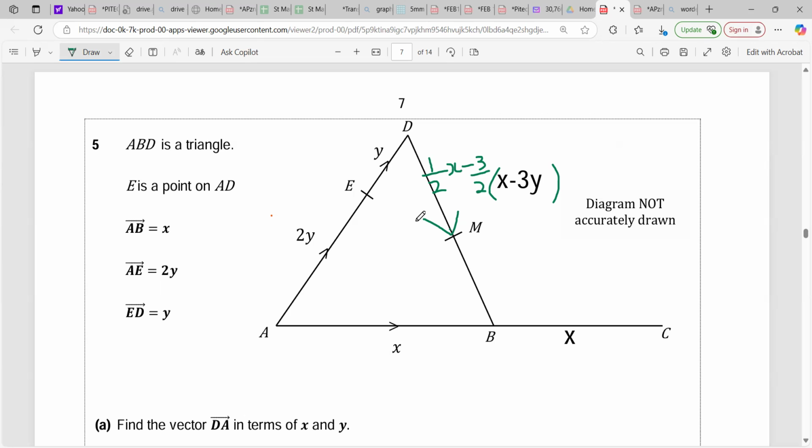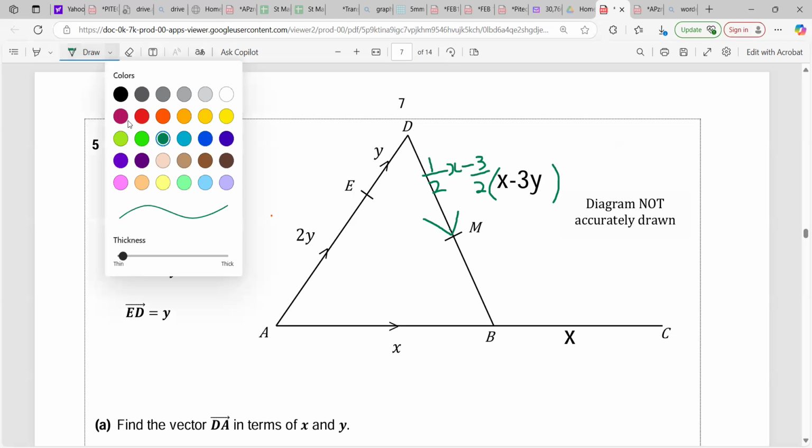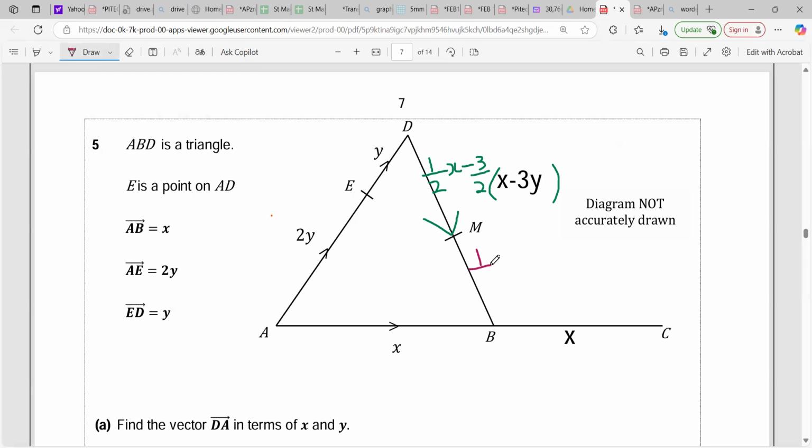And over the side here as well, I'm going to have the same measurement. So it's going to be half x minus 3 over 2 y.